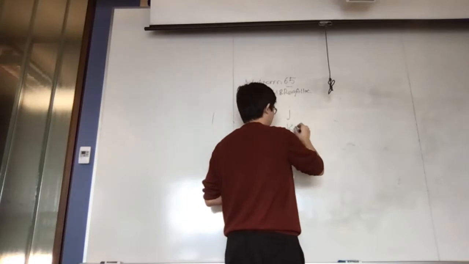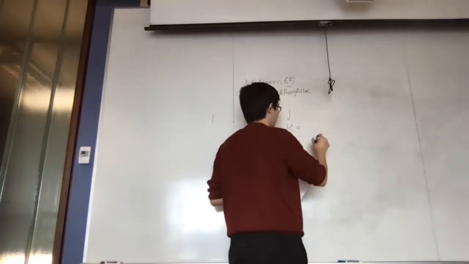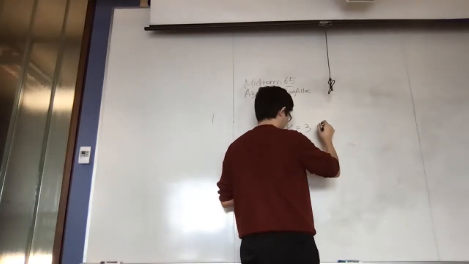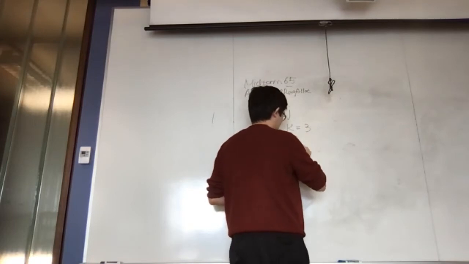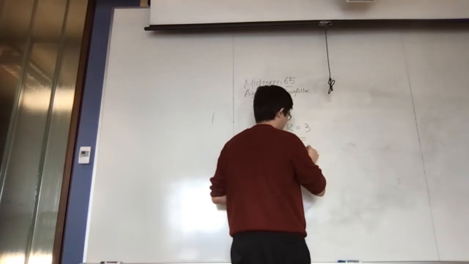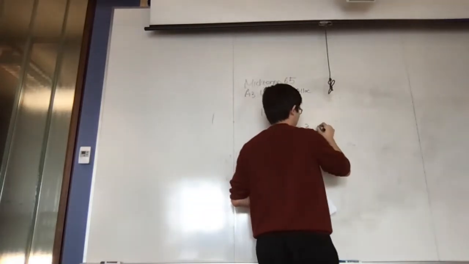Whatever you get, the parameters might be different, but you have K and N expressed as a linear combination of J.